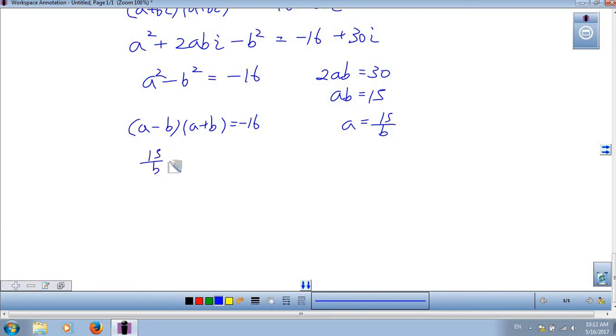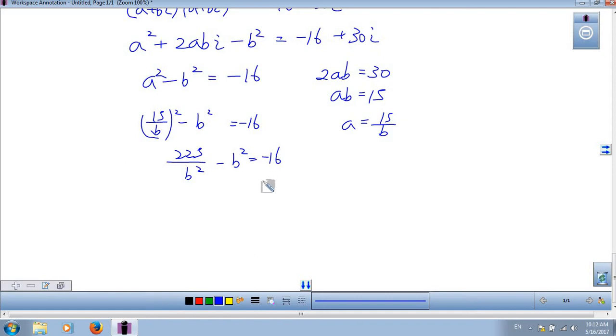So 15 over b minus b times 15 over b plus b. I guess it doesn't really help us to factor this out, so let's just leave it like this. So it's 225 over b squared minus b squared equal to negative 16. We can multiply everything by b squared as long as b squared is not equal to 0.